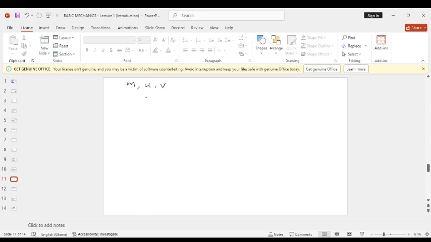So the initial momentum of the ball is given as the product of the mass times u, the initial velocity, and the final momentum is the mass times v. So the change in momentum is the final momentum minus the initial momentum.